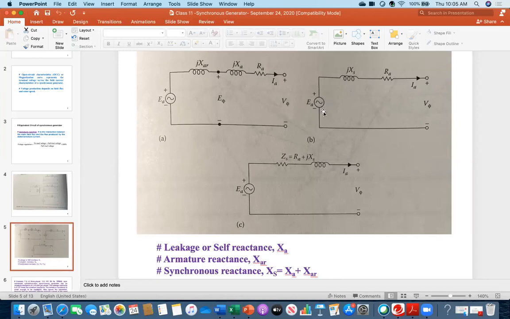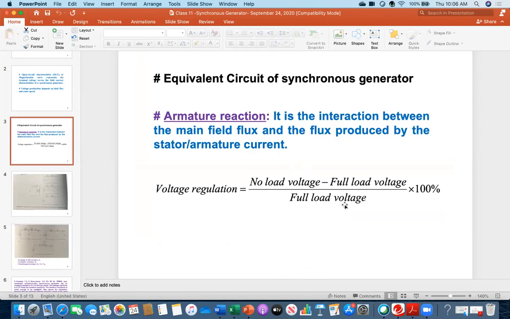Based on the problem, you have to find out the EA. That will be the no load voltage. And full load voltage means this terminal voltage, assuming that the current is flowing and the load is connected. So everybody, remember this equation: no load voltage minus full load voltage.